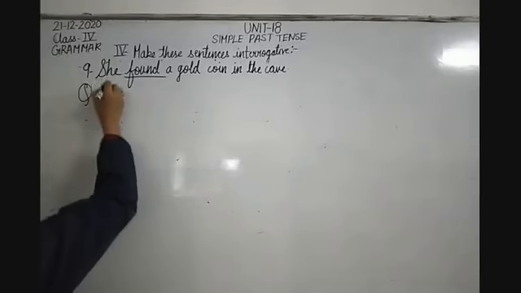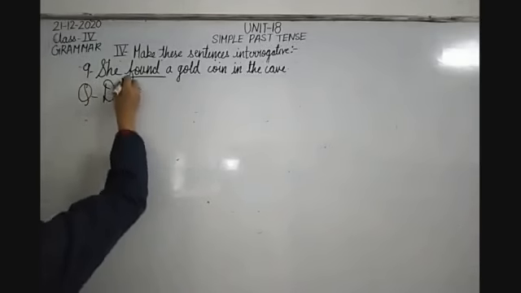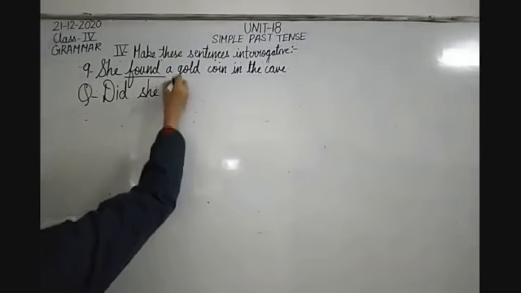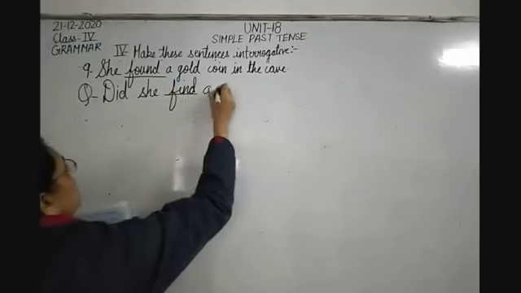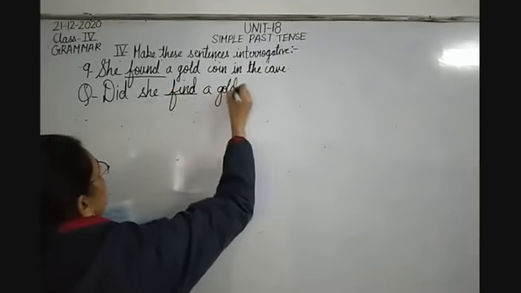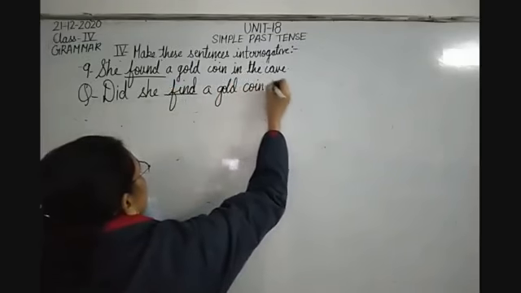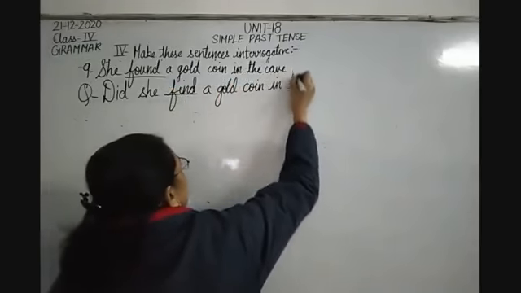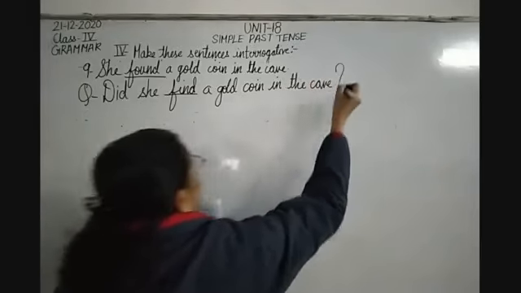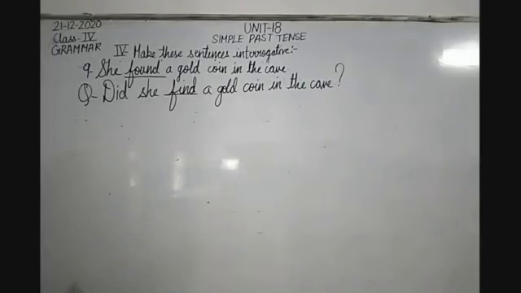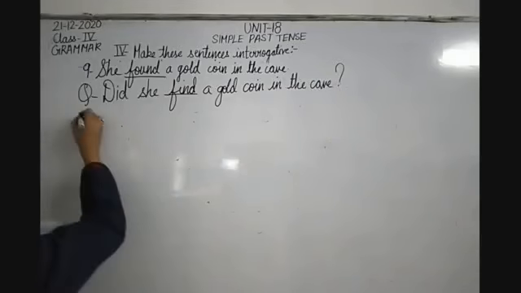Now the question will begin with did she find, underline the root form, a gold coin in the cave. At the end, question mark. Then the last sentence.